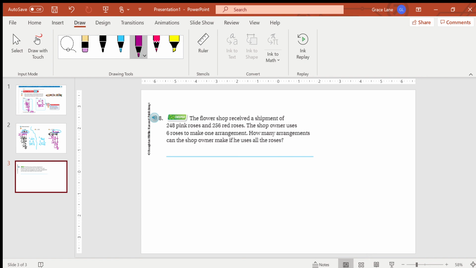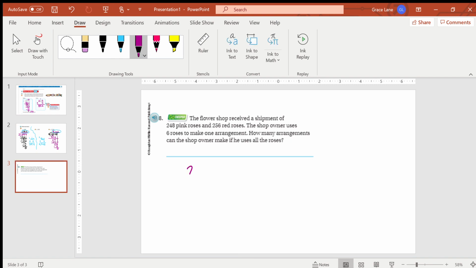This is going to be a 2-step problem, actually. The flower shop received a shipment of 248 pink roses and 256 red roses. First, you need to figure out how many roses altogether that this person has, because it says he uses 6 to make one arrangement.